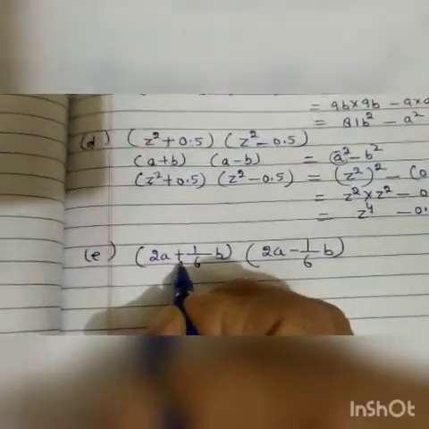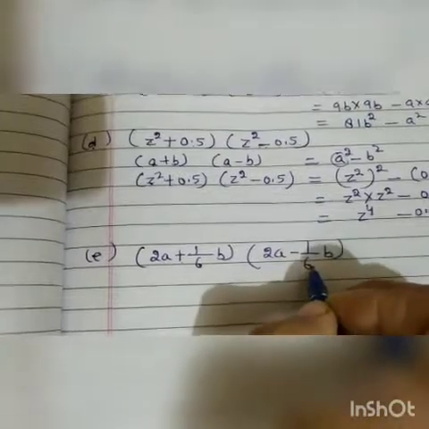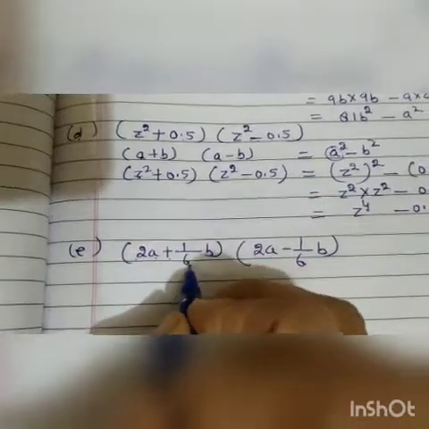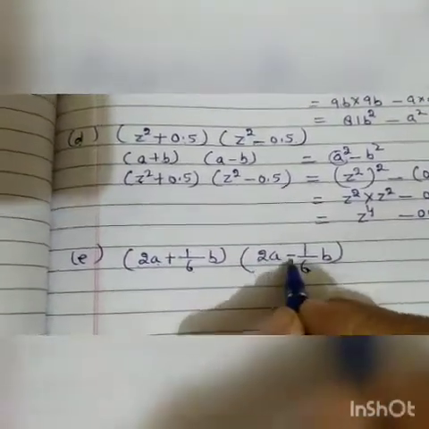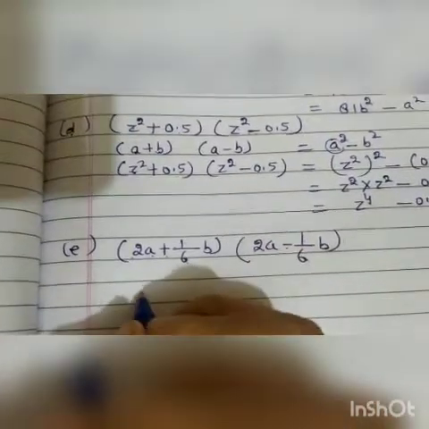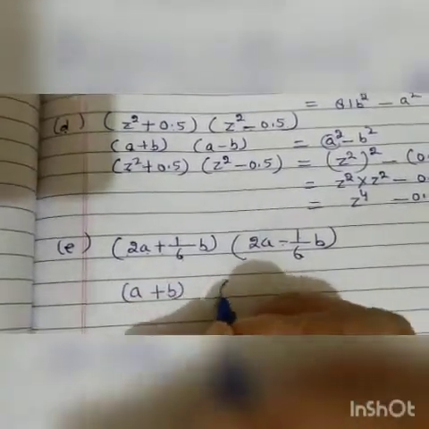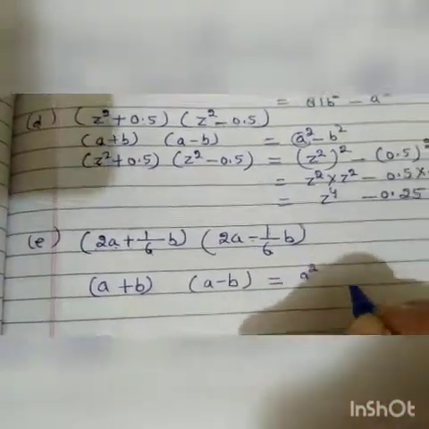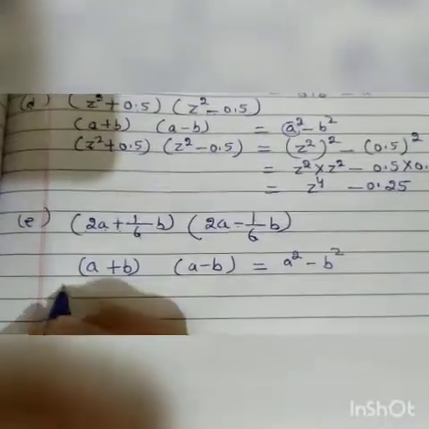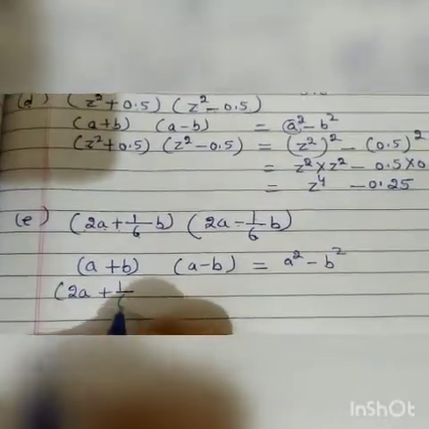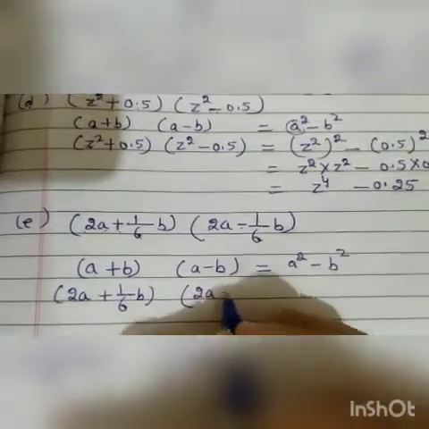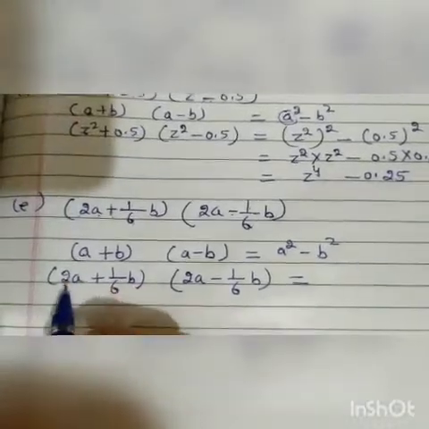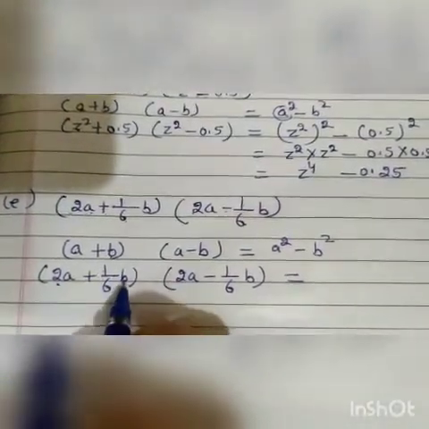Next E part: (2a plus 1 upon 6b)(2a minus 1 upon 6b). Again both the terms are same, 2a and 1 upon 6b, but with different sign. Again we will use the same identity: (a plus b)(a minus b) is equal to a square minus b square. Now this time our first term is 2a and the second term is 1 upon 6b.